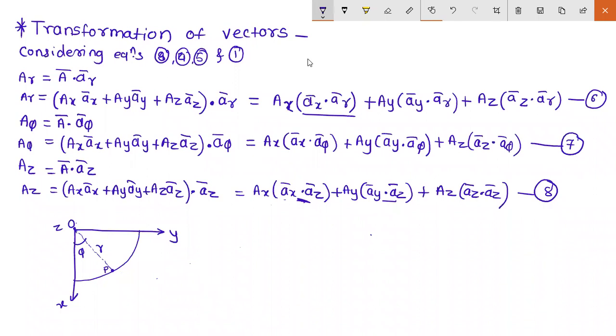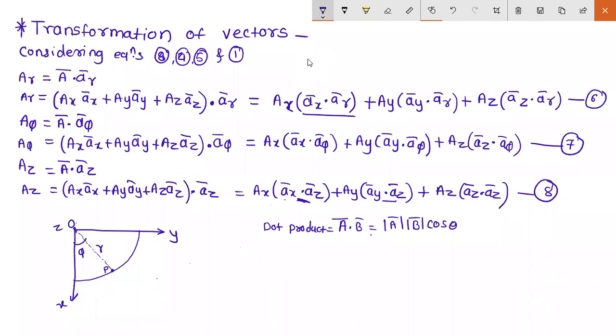Because we have to take the dot product. And what is the definition of the dot product? A bar dot B bar is equal to mod of A bar, mod of B bar and cos theta. So here we first have to find the angles.